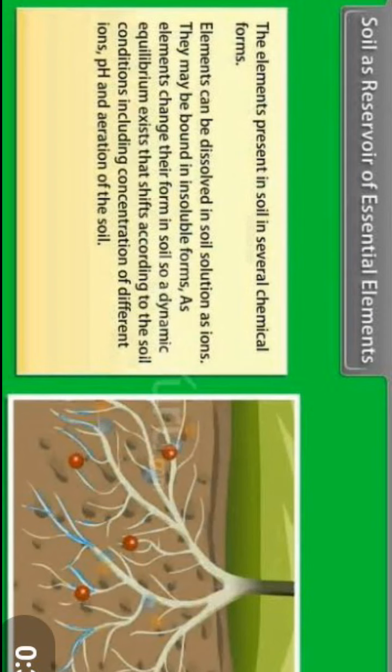Soil contains a wide variety of substances. Soil not only supplies minerals but also harbours nitrogen fixing bacteria and other microbes, holds water, supplies air to the roots and acts as a matrix that stabilizes the plant.